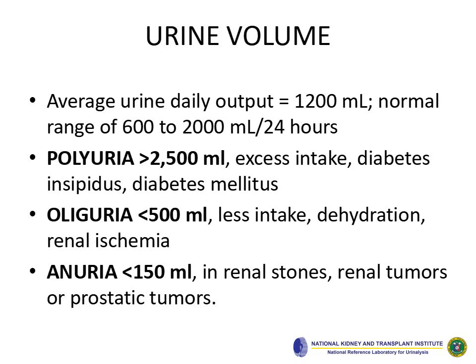If it is less than 500 ml, this condition is known as oliguria. This is usually seen in dehydration and renal ischemia. If the volume is less than 150 ml, this is termed anuria, often seen in obstruction by stones or tumors.